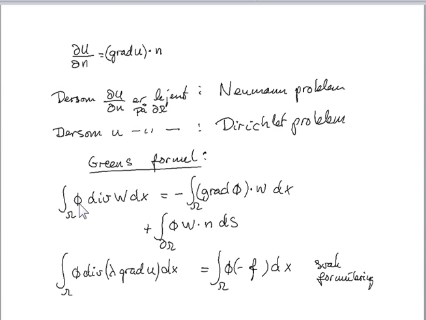turns out to be equal to minus the integral of the gradient of phi, as a scalar product with w. This integral is taken over omega, plus this boundary integral, where we are integrating along the boundary del omega phi multiplied with w dot n.